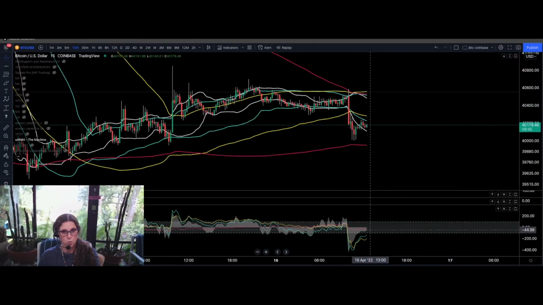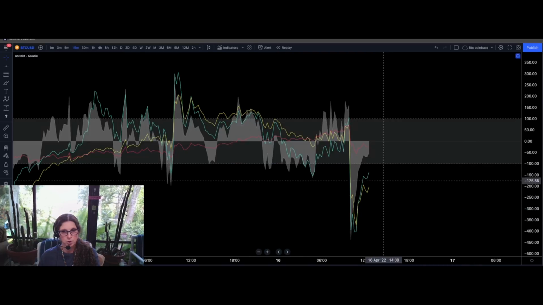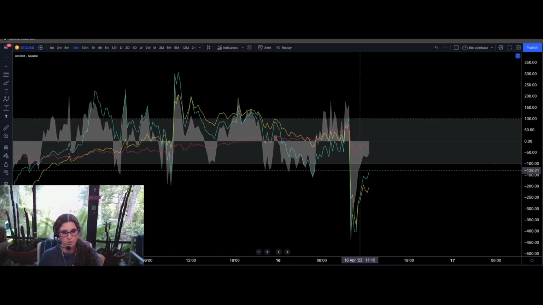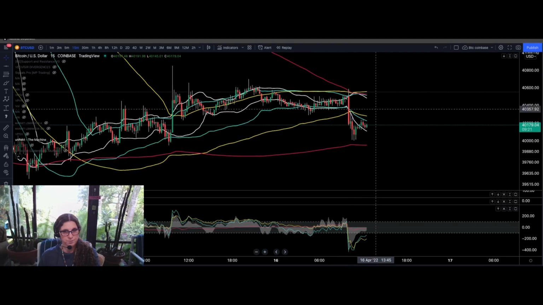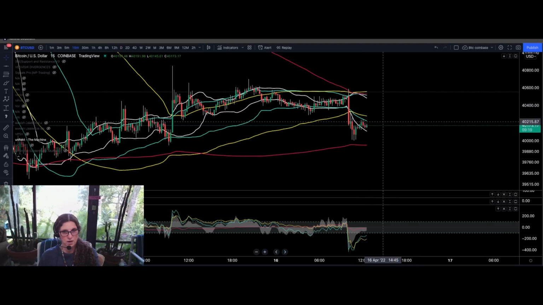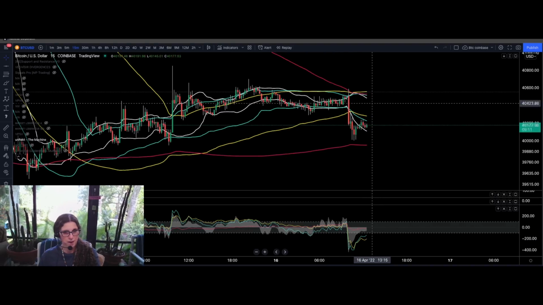Right now, white is inside, so we can't break the bottom of white with price until price comes out the bottom. Blue and yellow are out the bottom. Until they come back into the cage, price is not allowed to come back inside of blue and yellow's Bollinger Band. That's why it is hanging out underneath them.